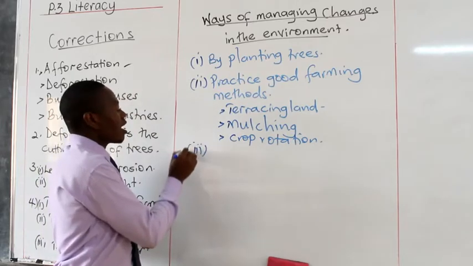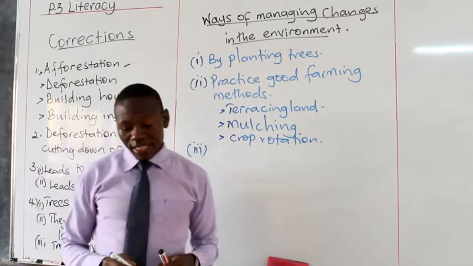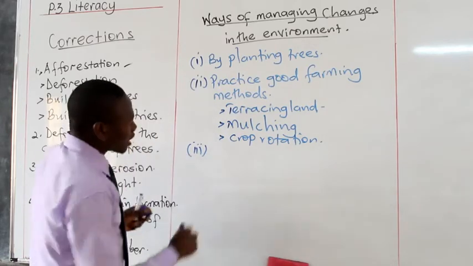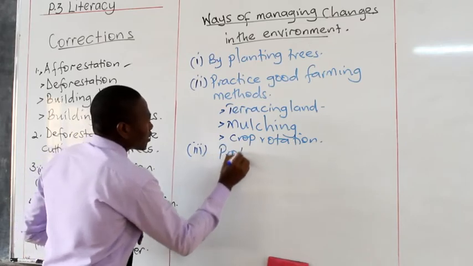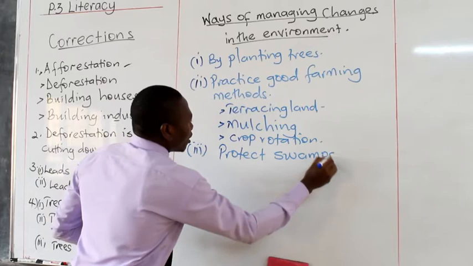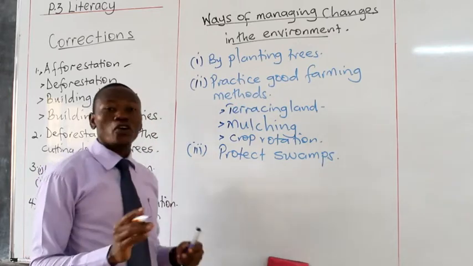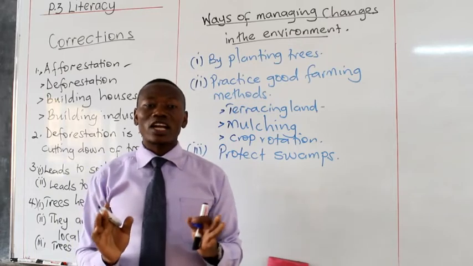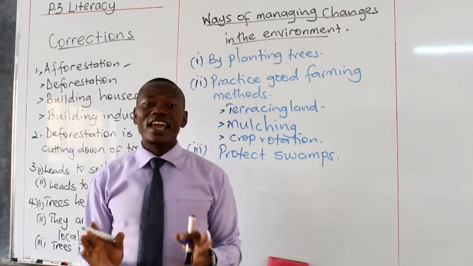Let's go to another way of managing changes in the environment. We say protect swamps. We say a swamp is also called a wetland. And a wetland or a swamp is a waterlogged and vegetated area.